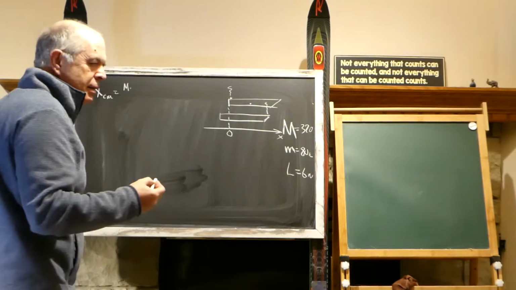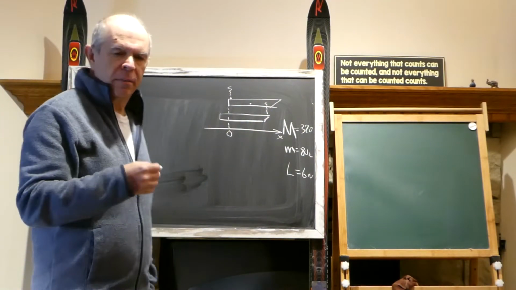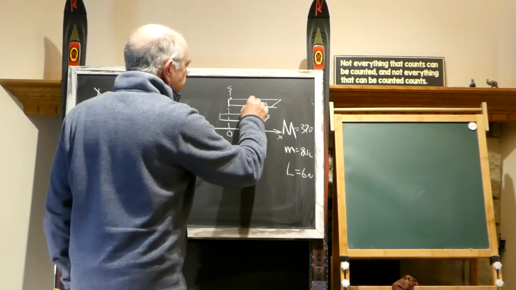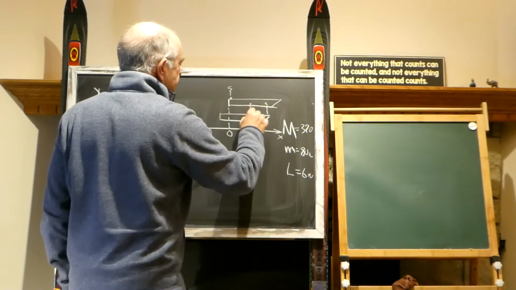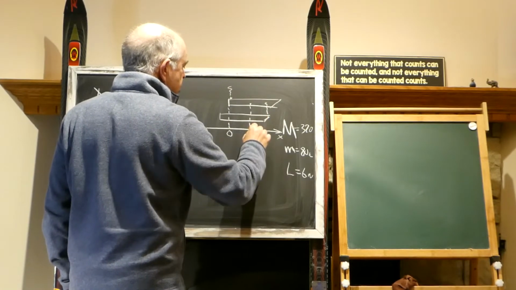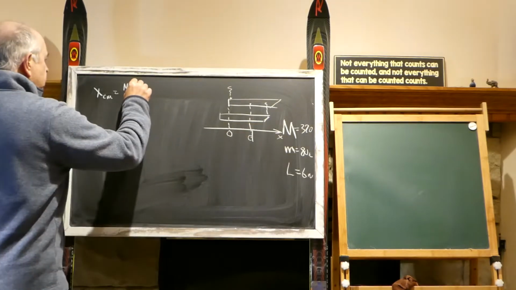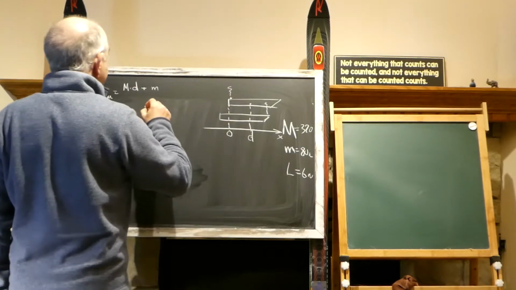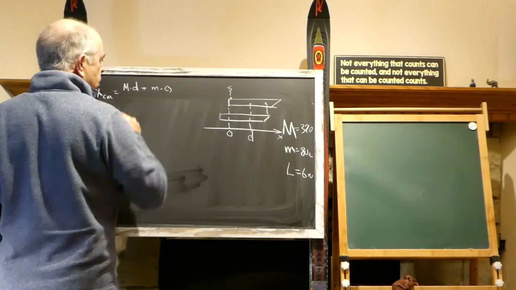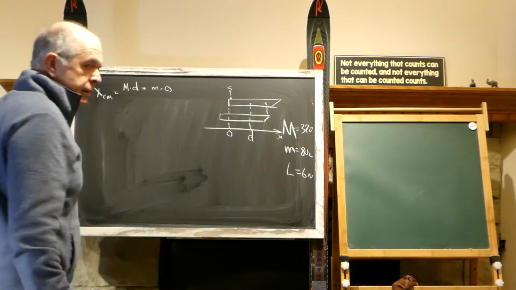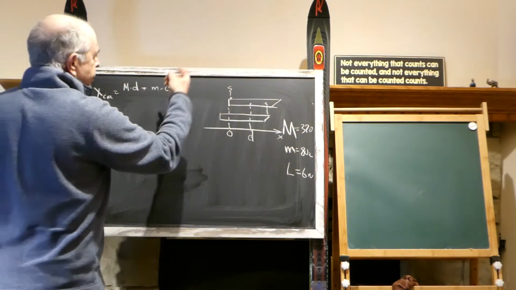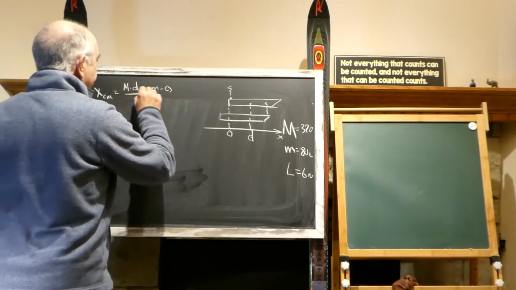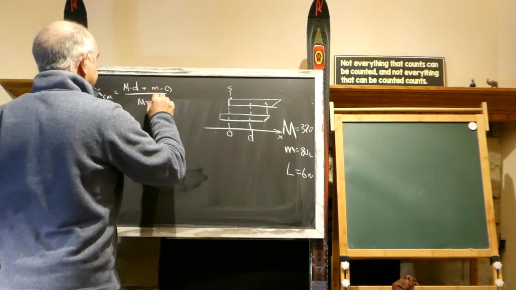We presume that it is a point mass, and this position, let's say, is D. Original position is D. And so it would be M multiplied by D plus mass of the person times its position, and in the beginning, it is 0, because we chose the coordinate system like that. We can choose anyway, but then it will not be 0, but it will be adjusted in the next step. And here would be M plus m.